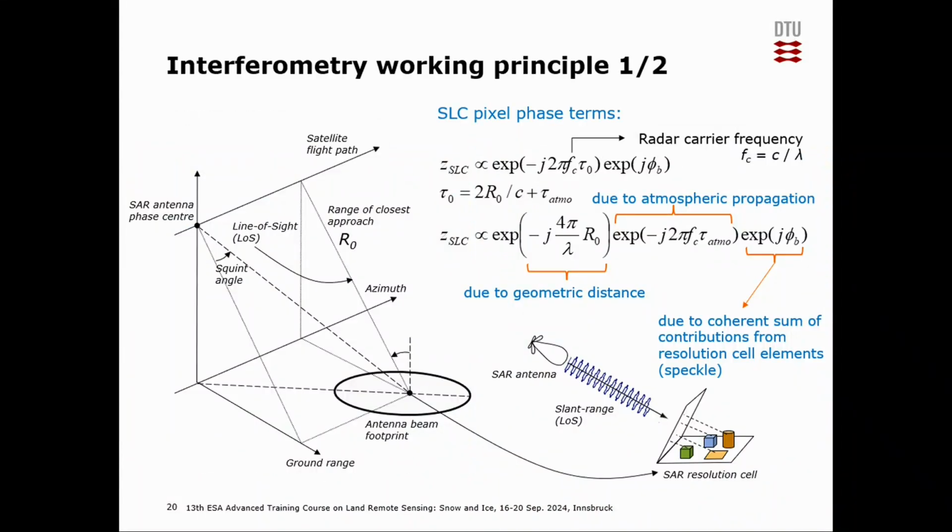We need to get a little more quantitative and understand what phase terms we have in a single focus SAR image. As we said before, we have a deterministic phase term, which is related to the propagation delay. We have, however, also a random term, which is due to what we call speckle. Speckle, is that something you have seen with Helmut yesterday? He mentioned it, right?